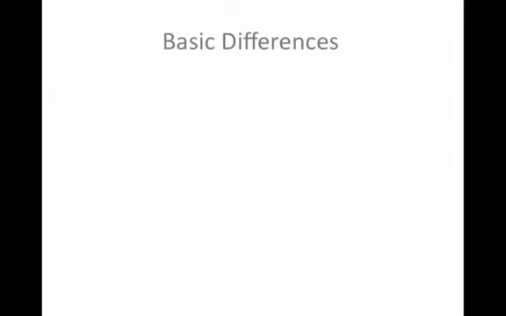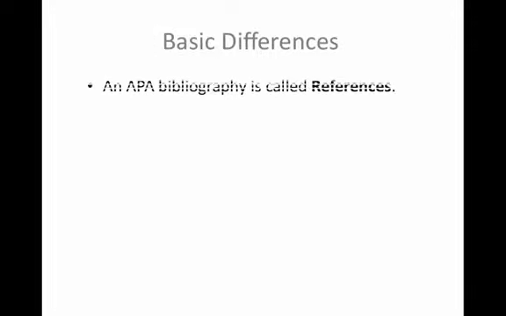So to recap, here are some basic differences between MLA and APA. We're going to be talking about APA format the entire course. Don't worry, this is not the only time you're going to learn about it. An APA bibliography is not a works cited. It's called references. You still center the title at the top of your bibliography page.